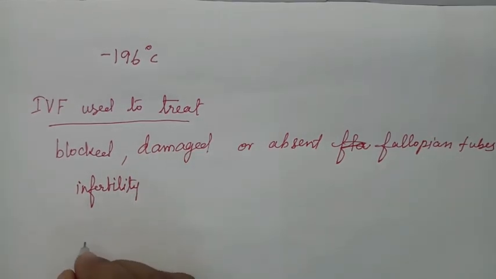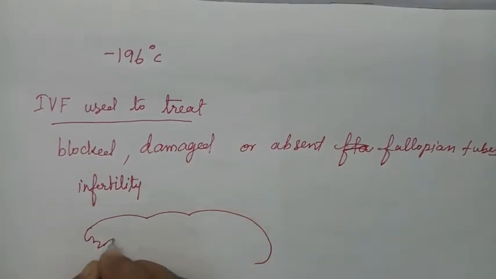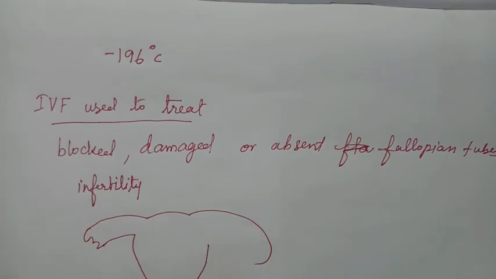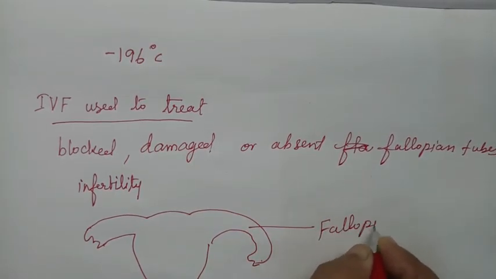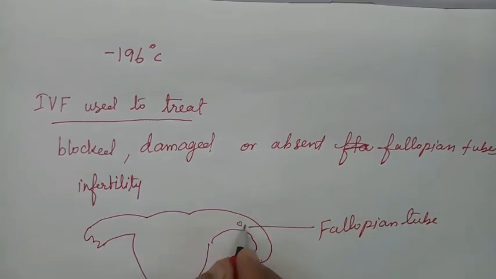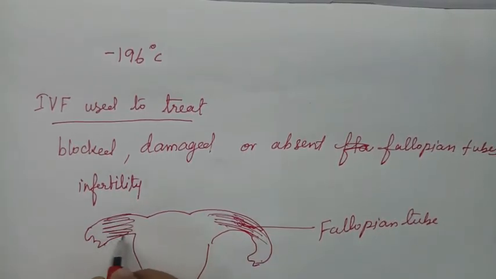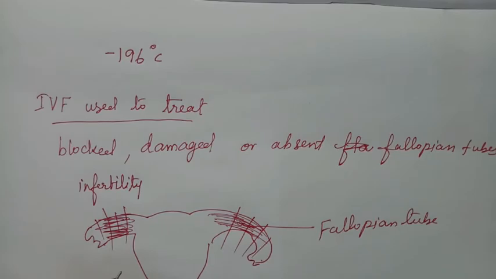Here fallopian tube means, already I have drawn the diagram. This is the fallopian tube. Usually the fertilization happens here only. If there is any blockage in this region, or if it is damaged, or absence of this fallopian tube, it causes infertility in the female.